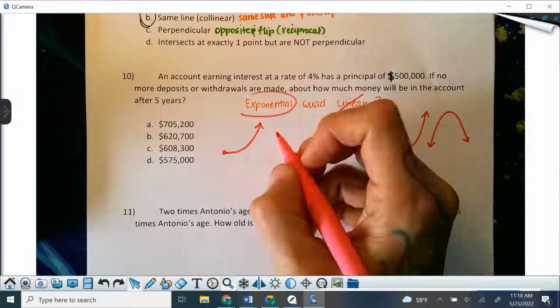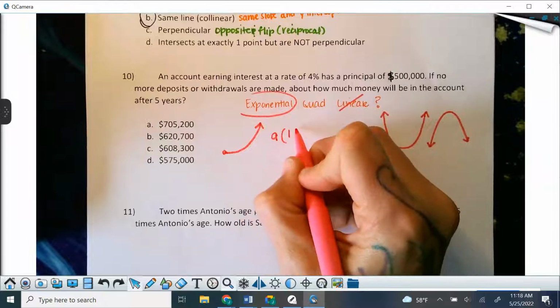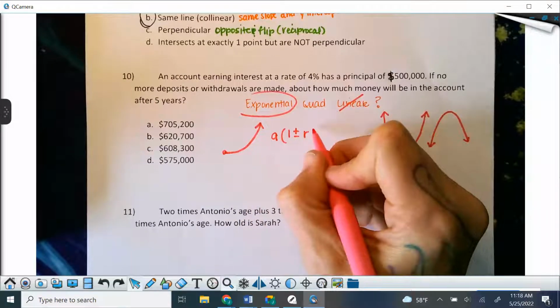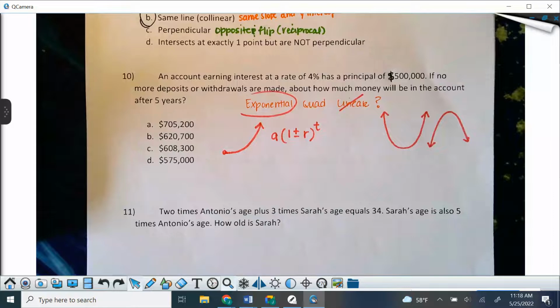All right, so that means we know that it is going to be A1 plus or minus our rate, our percentage as a decimal, to the amount of time we're tracking. So what's our initial amount, or our starting amount of money here? What does it tell us is our starting amount?